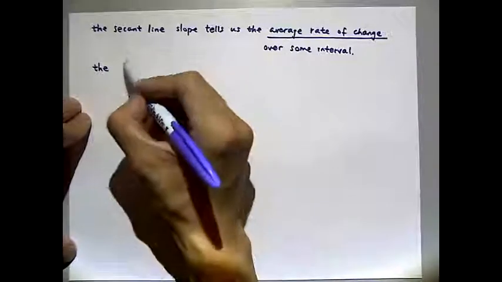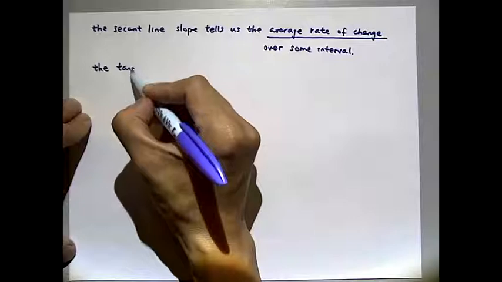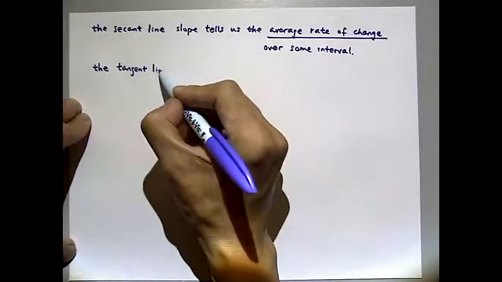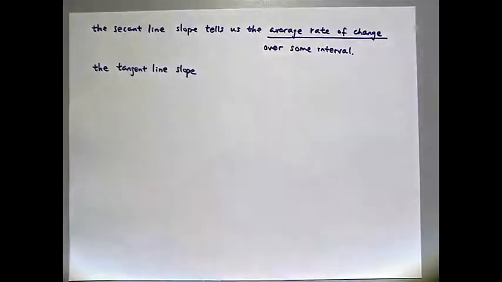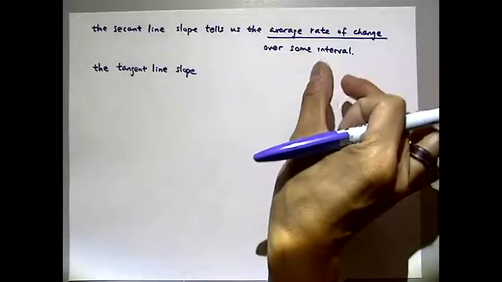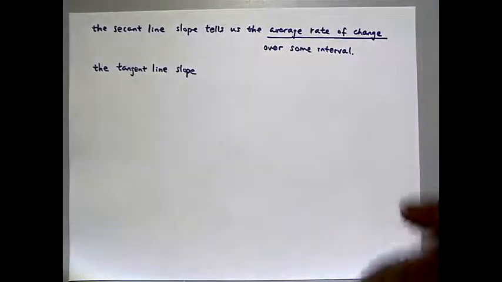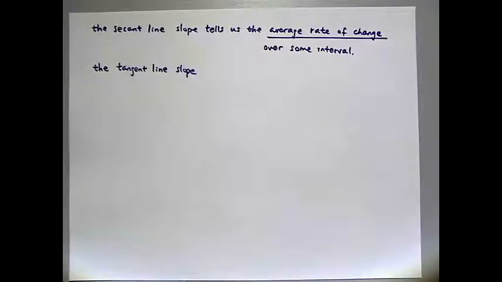The tangent line slope, focusing on the limit meaning behind the whole picture, means that we're shrinking that interval to a very, very, very tiny interval.